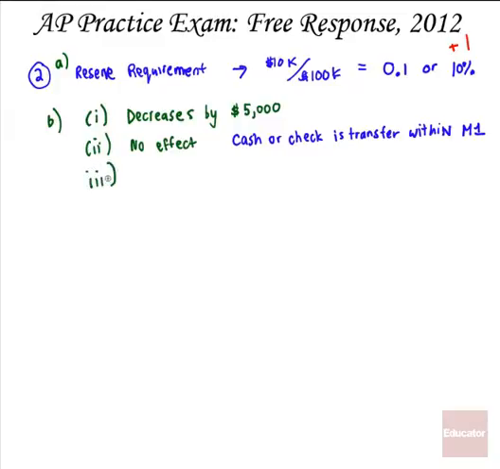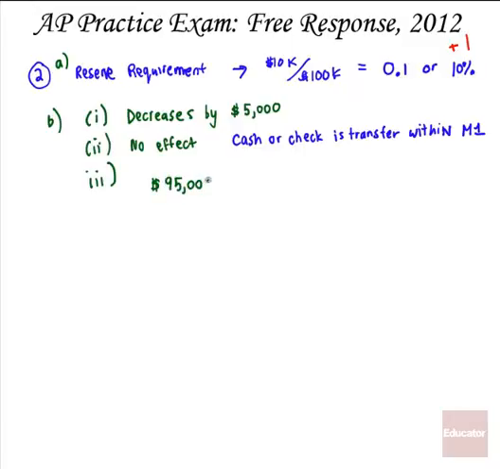Okay, part 3 of B. Let's say there's a withdrawal. What is the new value of the excess reserves, again based on the reserve requirement? This one is kind of interesting because you have to do a little more thinking. If you withdraw 5,000, then there's 95,000.